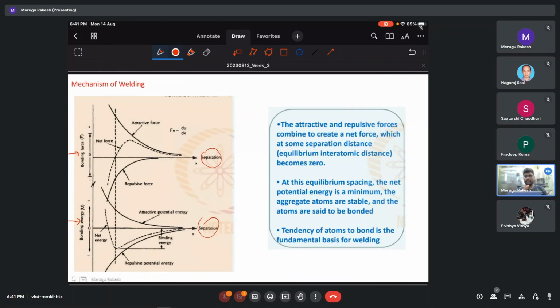That is a brief of the mechanism of welding. How we bring the atoms together depends on the process, so we basically concentrate on how we are going to bring these atoms together. As you see at the second point, at equilibrium spacing, the net potential energy is minimum. The aggregate atoms are stable and the atoms are said to be bonded. I hope you understood this simple mechanism.